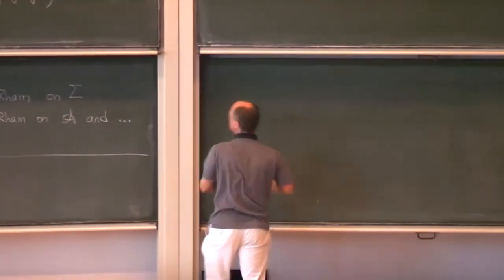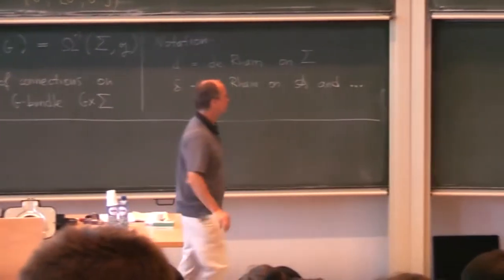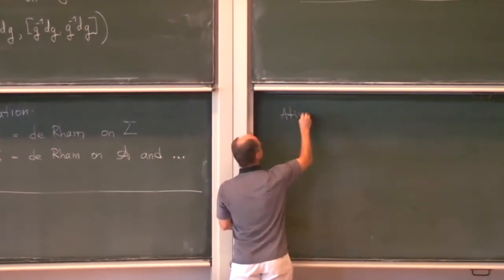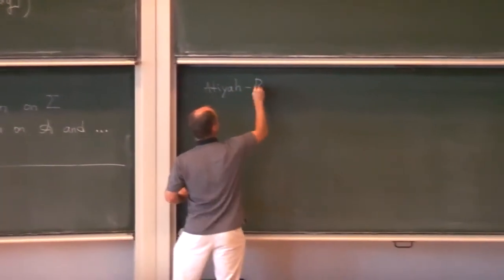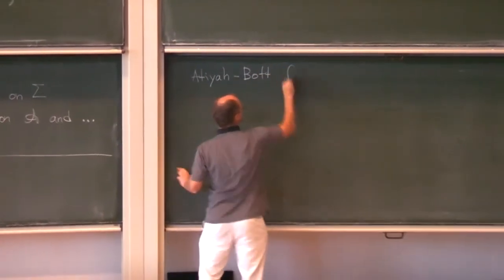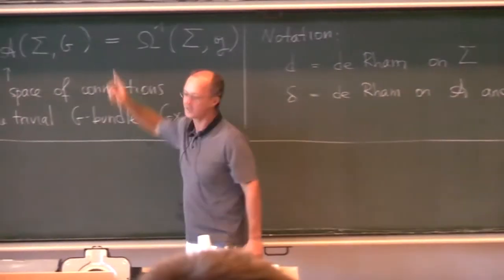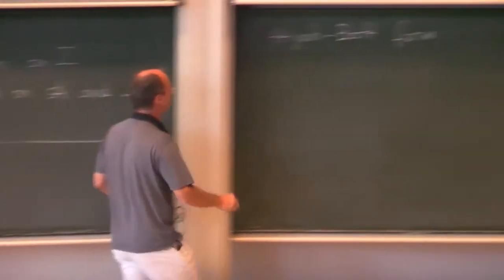Okay, now I'm ready to show you the famous Atiyah-Bott 2 form. So it's a 2 form on this space of connections, and it looks as follows.